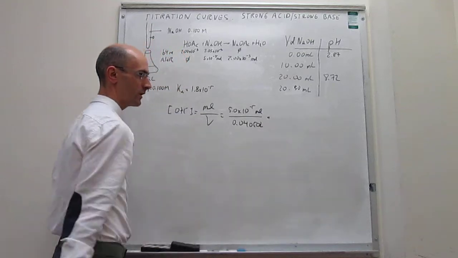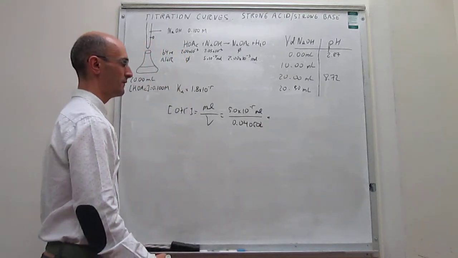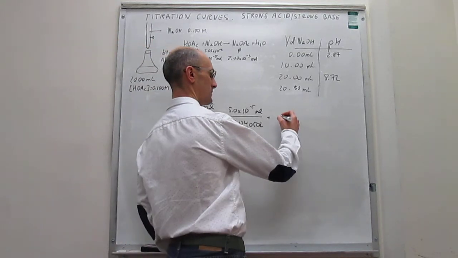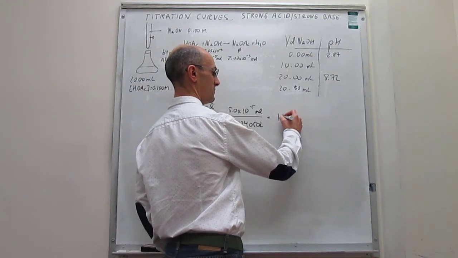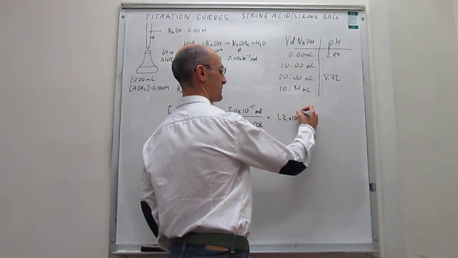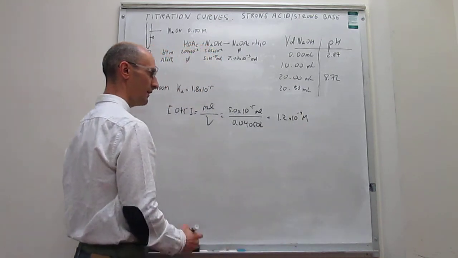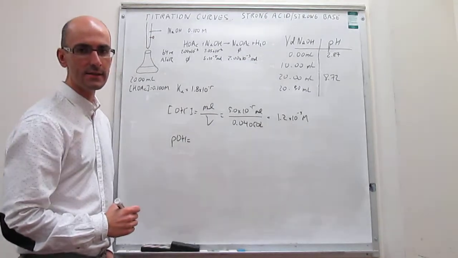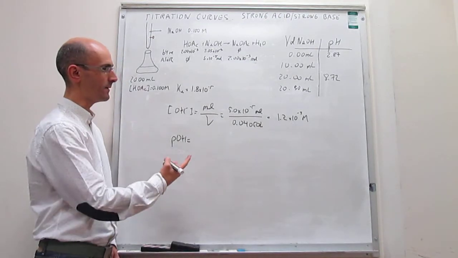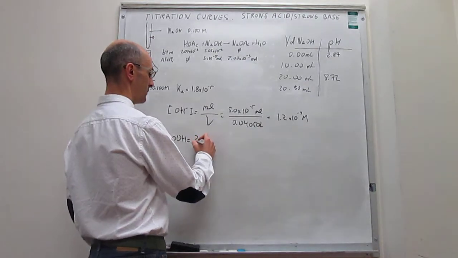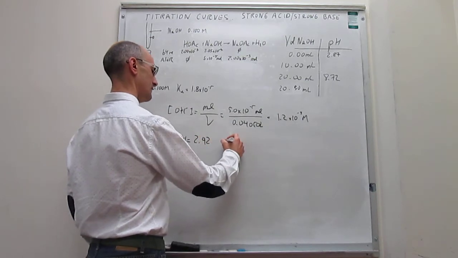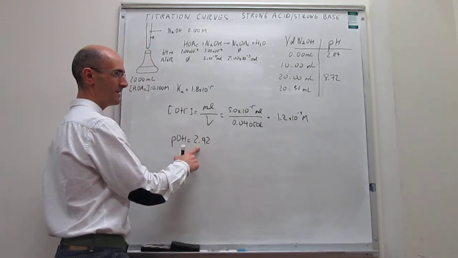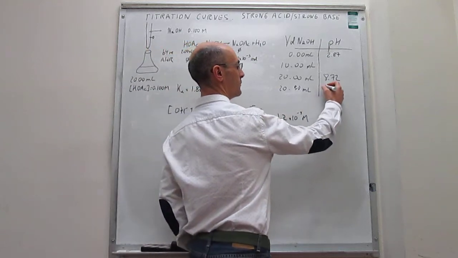From here you get the concentration of hydroxide, which is 1.2 × 10^-3 molar. From there you can calculate the pOH by taking the negative base-10 logarithm of that number, and you get 2.92, which means that the pH will be 14 minus that, which is 11.08.